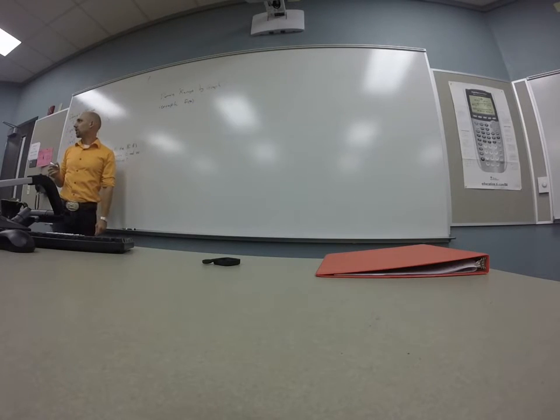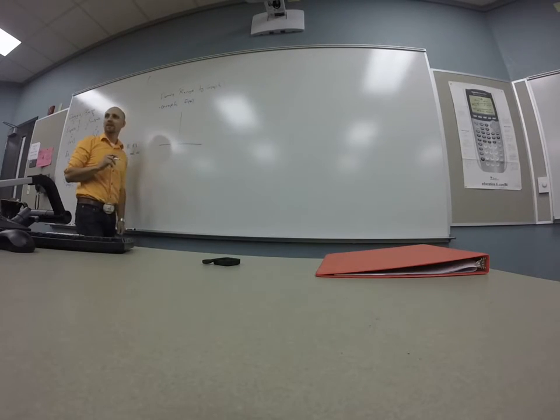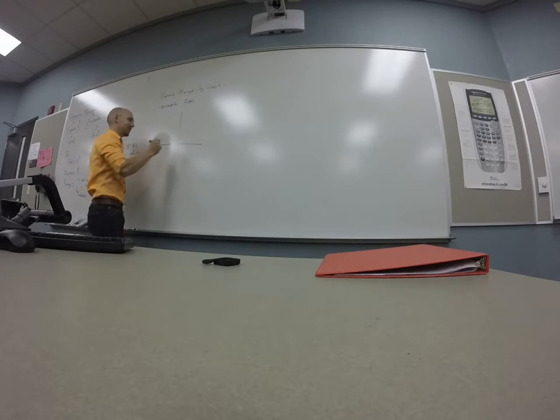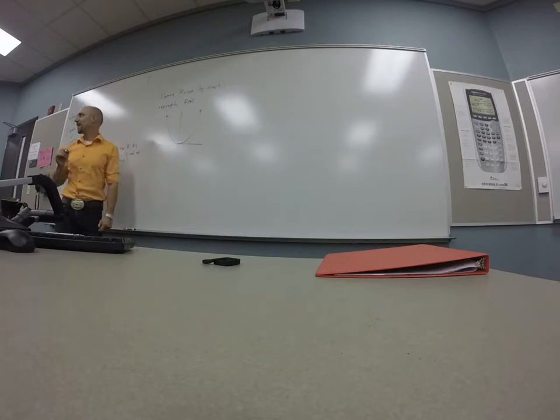Okay, so what does x squared look like? It's a parabola. It's pointed up. And it goes through 0, 0. We're going to talk more about how to graph parabolas today.